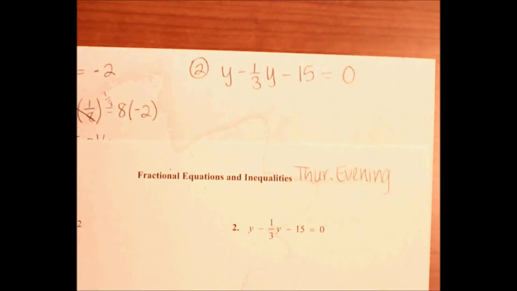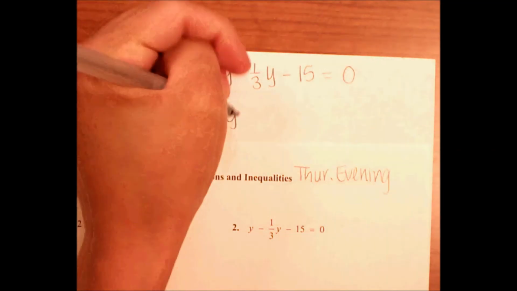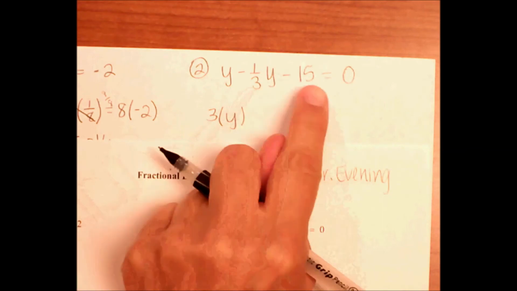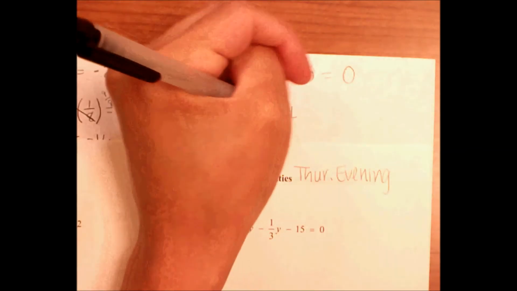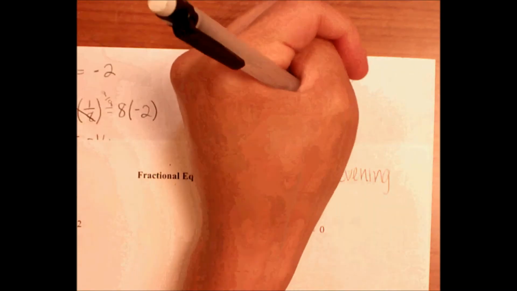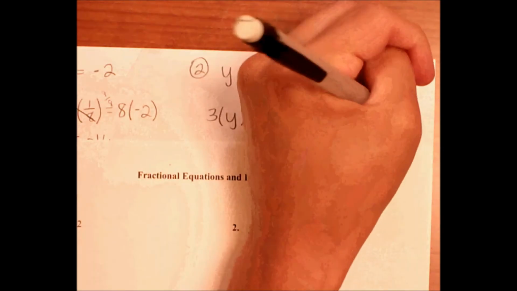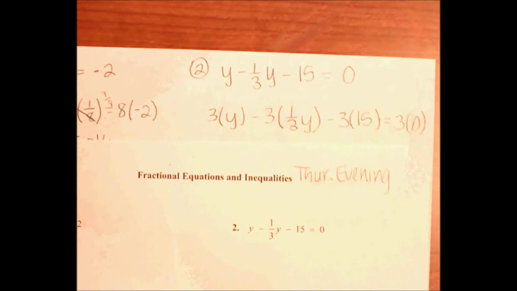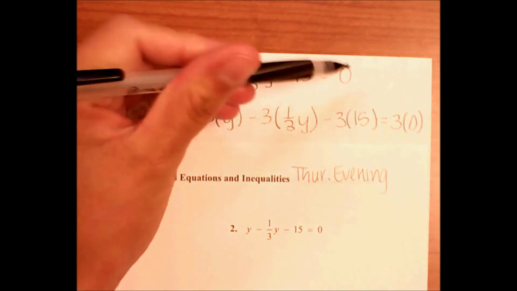So you're looking for the biggest number, which is 3. So we have 3 times y. We're going to multiply each term: minus 3 times 1/3 y minus 3 times 15 equals 3 times 0. So again, you're multiplying 3 on every term.